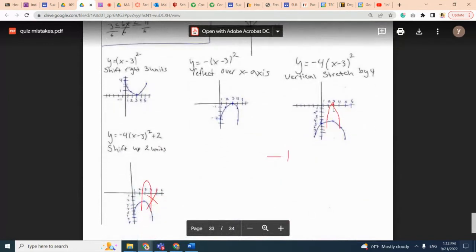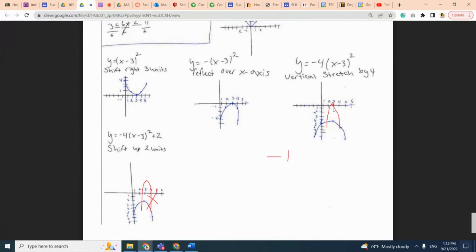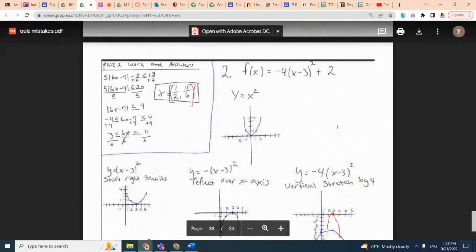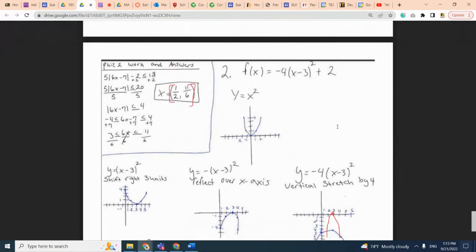And then here, vertical stretch. See, this point stays here, and the x value stays the same. The y value is multiplied by 4 right here. And then shift up 2 units. Okay, and that's it. Any questions about the mistakes?